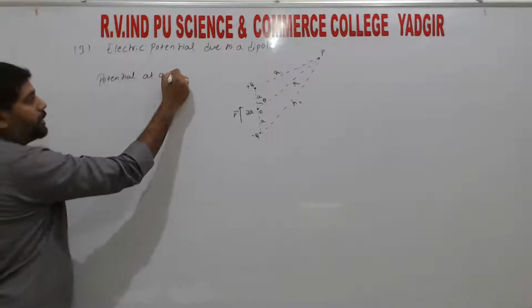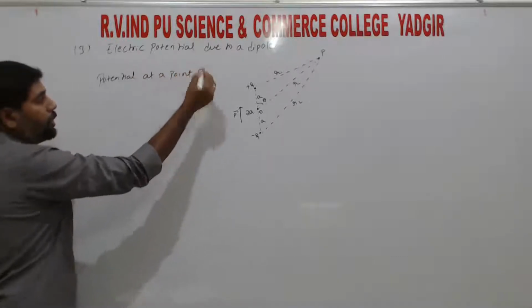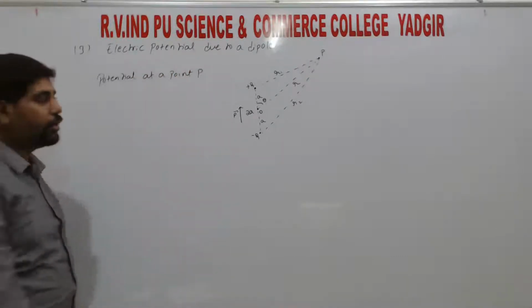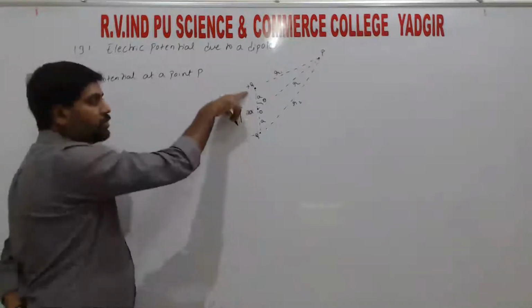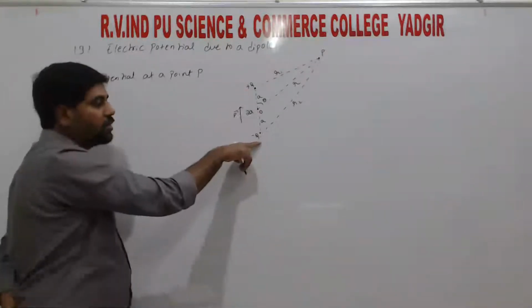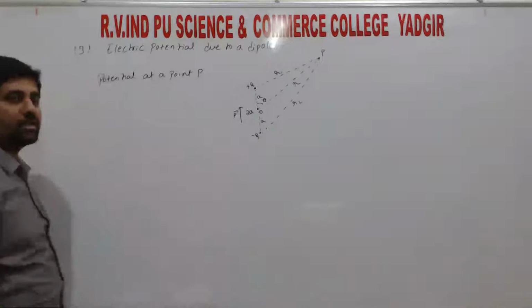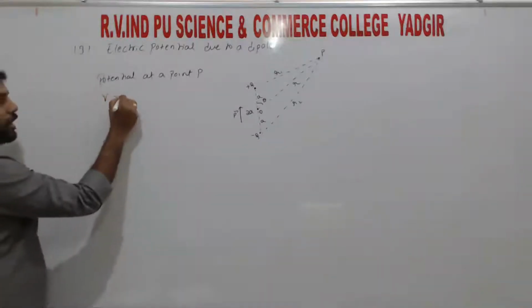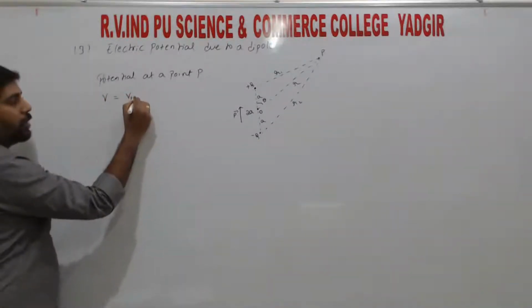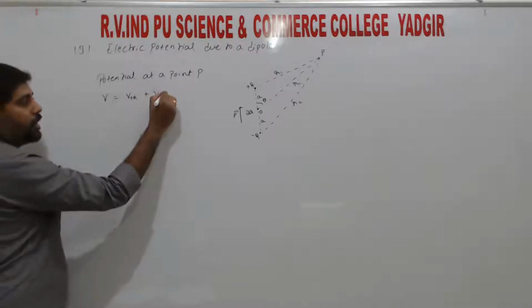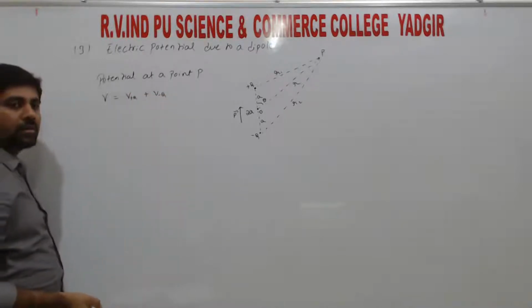So the potential at a point P is the sum of the potentials due to the two individual charges, one due to the plus q charge and one due to the minus q charge. So V equals V due to plus q plus V due to minus q, right?